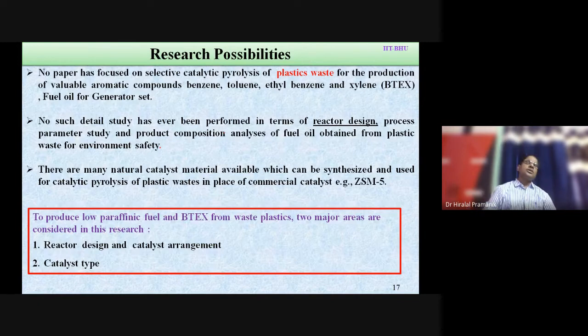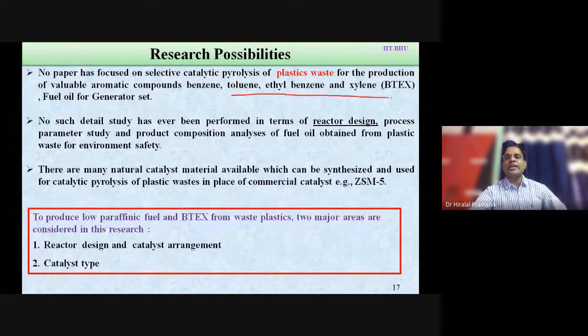So from this thorough literature survey, what we have observed is that for plastic waste pyrolysis for BTX, no such paper is found. BTX, okay, benzene, toluene, ethylbenzene, xylene, or fuel for generator set has not been studied. And no such detailed study on reactor design and process parameters is found in the open literature.